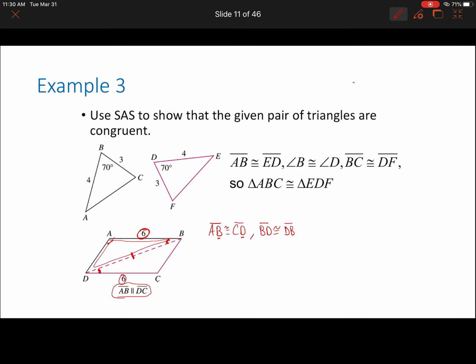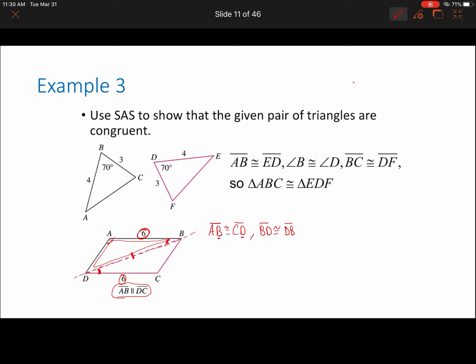Now, we've shown that two sides are congruent. We've shown this side and this side with the 6. We've also shown that this side is congruent. Now we need to show that their included angle, the one that I've marked here, is congruent. And so if these two segments, AB and DC, are parallel, that means that this dotted line is a transversal.